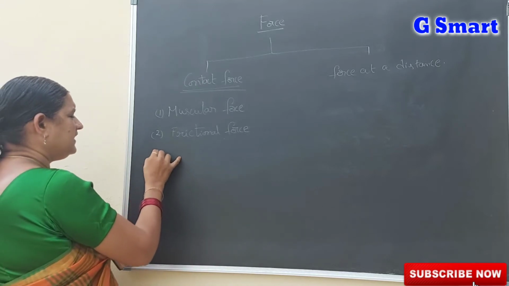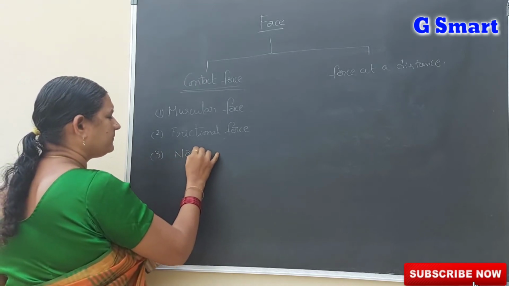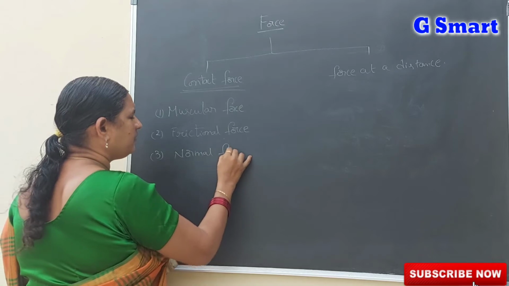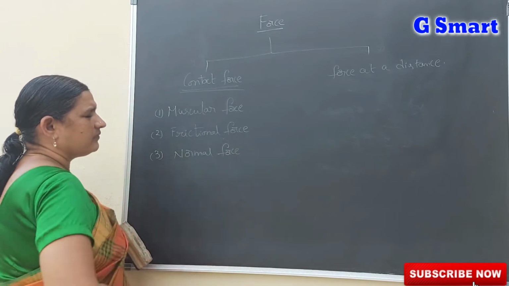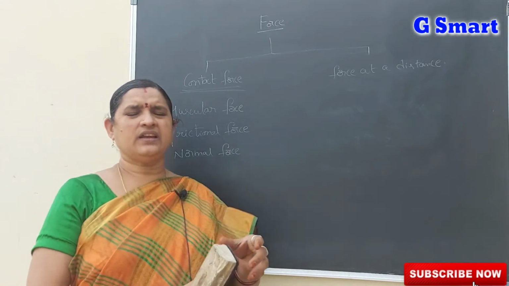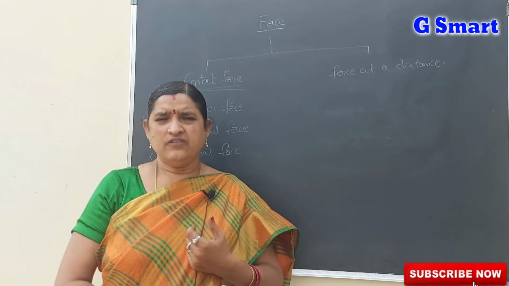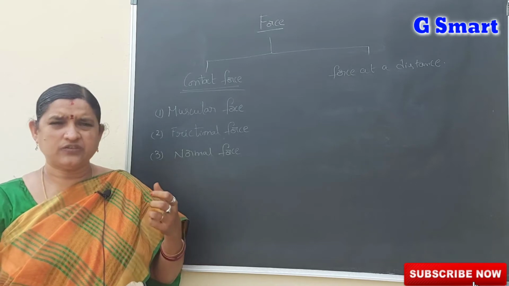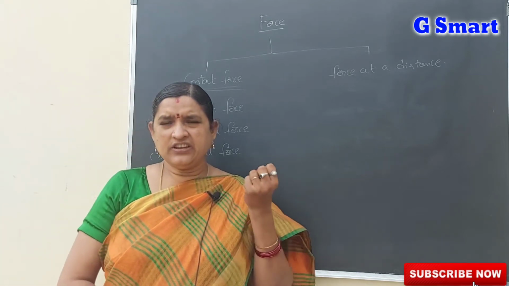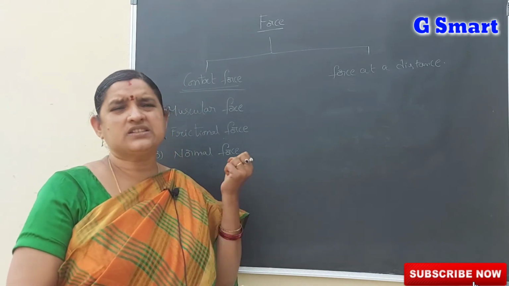Next, the third one is normal force. What is a normal force? The force that works against gravitational force is called normal force. We already know that gravitational force means weight. The gravitational force acting on a body is called weight.